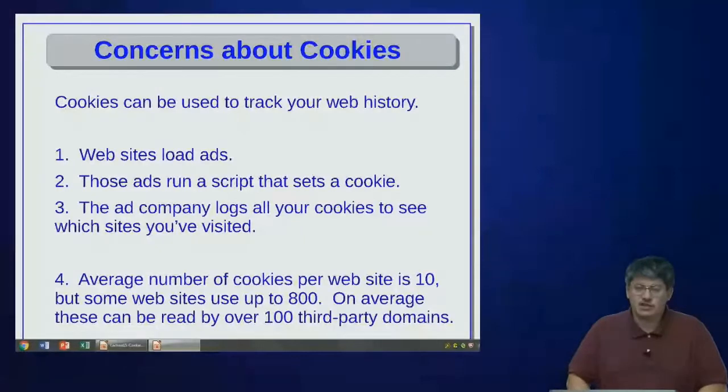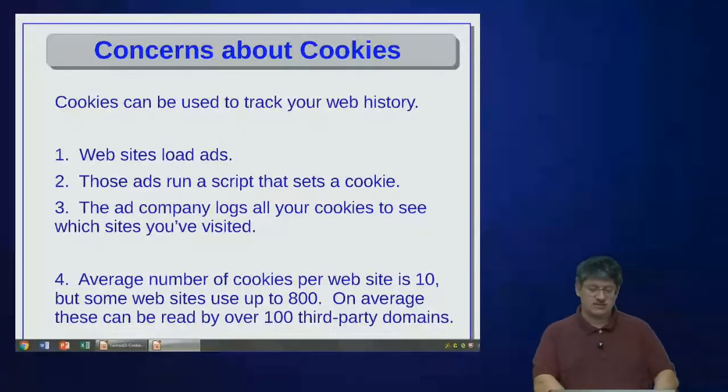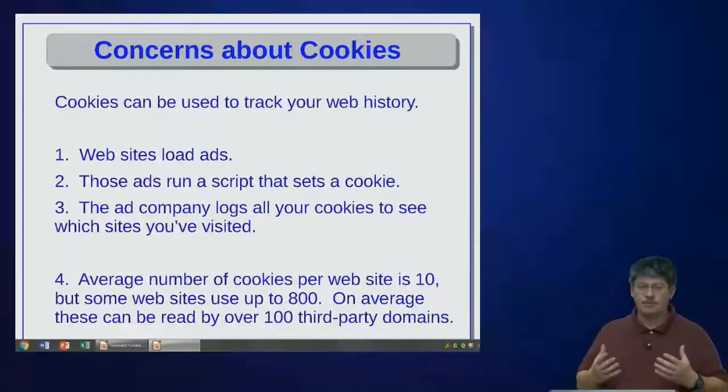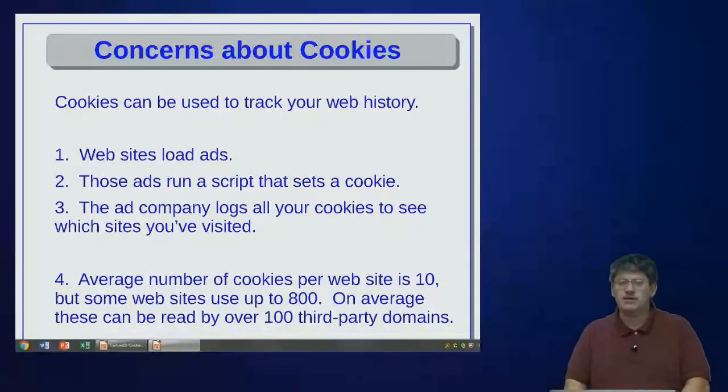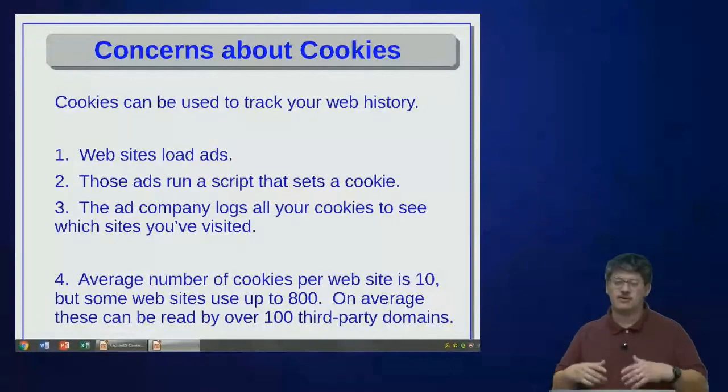There are a lot of security and privacy concerns about cookies. And the main thing that people worry about is that cookies can be used to track your web history. Remember I mentioned that there are advertising sites that sell ads on many different web pages. Some of them sell ads to as many as 100 or 1,000 or 10,000 sites. And every time you visit any one of those sites, they get to run some JavaScript code that can manipulate your cookies.